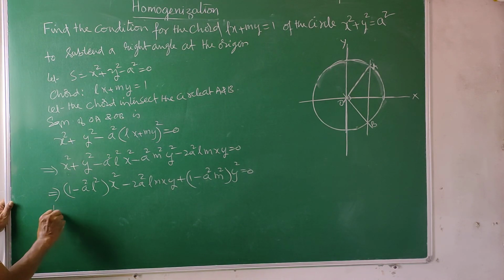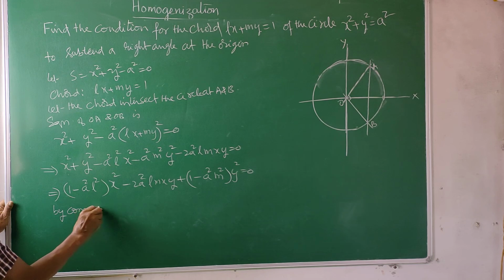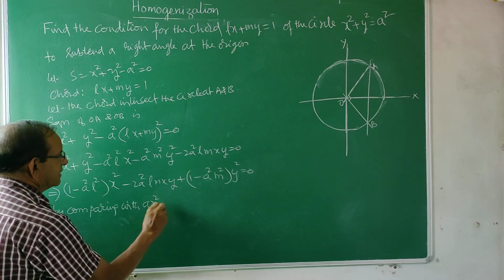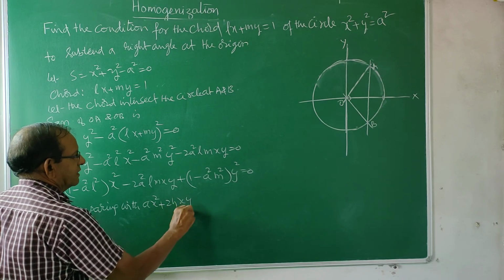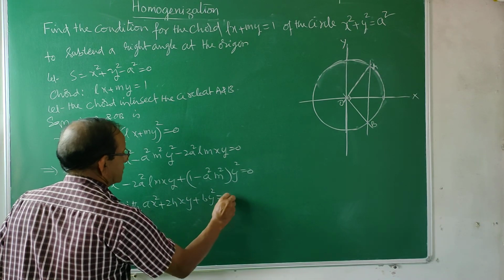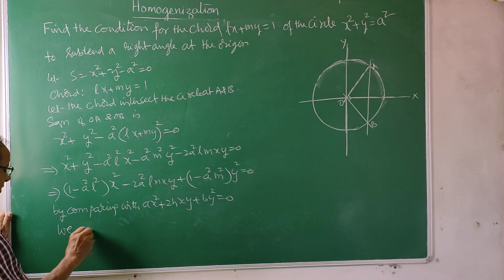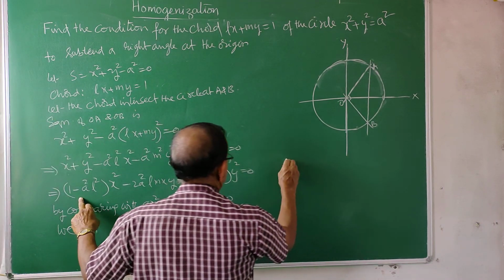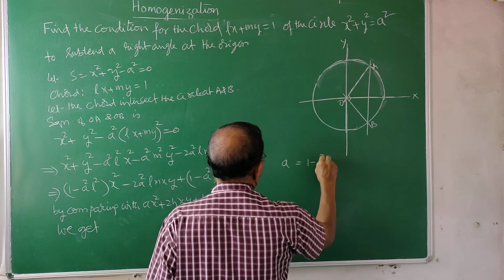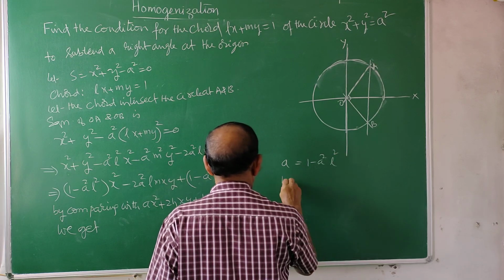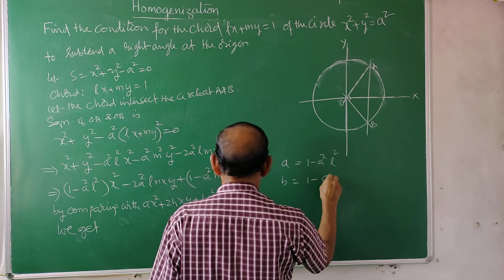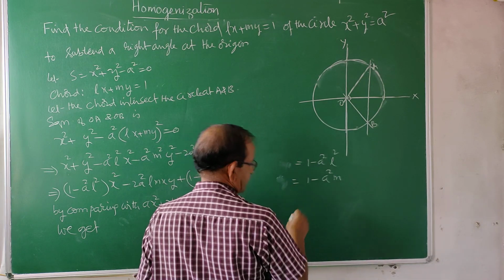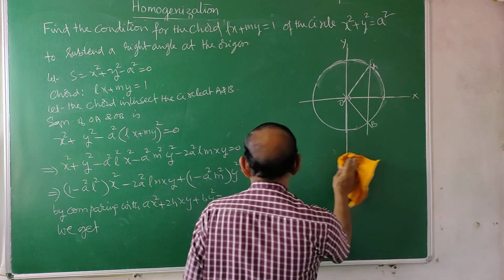By comparing with ax square plus 2hxy plus by square is equal to 0, we get, what is a here? The coefficient of x square. A is equal to 1 minus a square L square, and b is equal to the coefficient of y square, 1 minus a square m square.